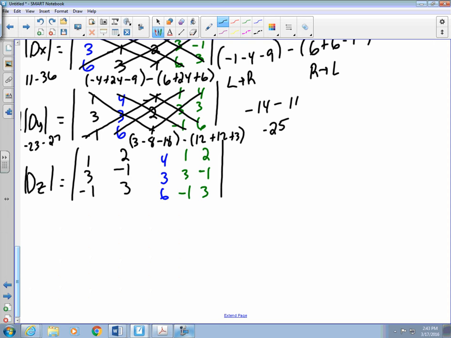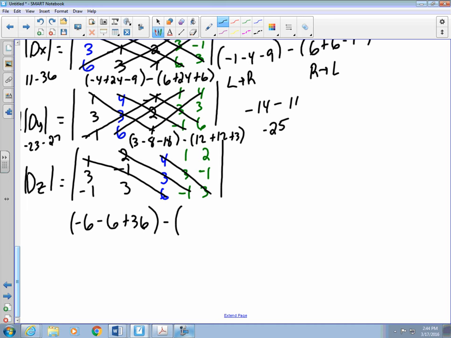So z. Again, my diagonals aren't very good on that one. 1 times negative 1 times 6 is negative 6. 2 times 3 times negative 1 is negative 6. 4 times 3 times 3 is 36, positive. Go this way.